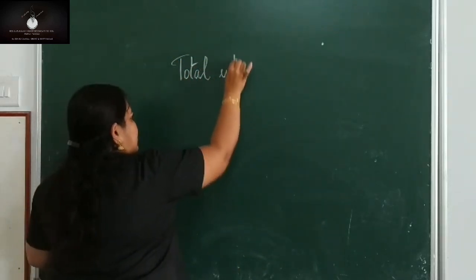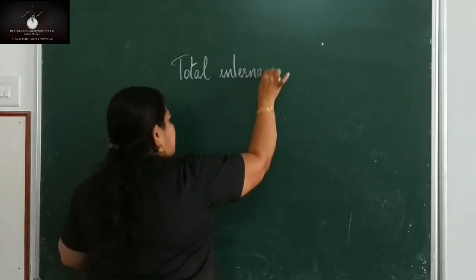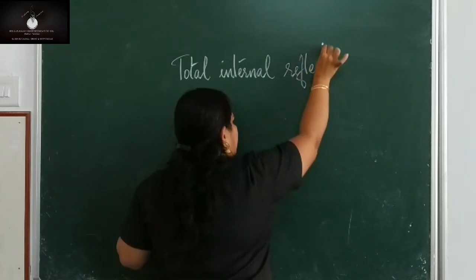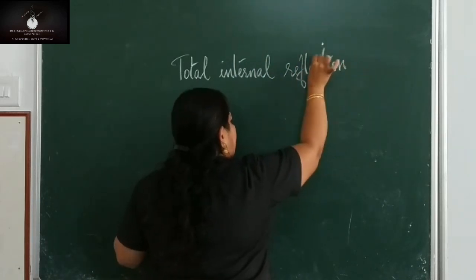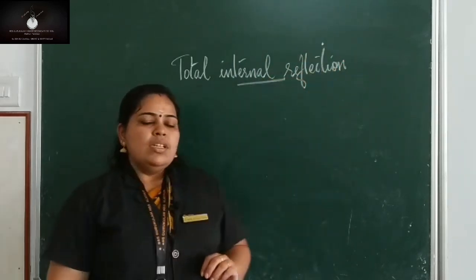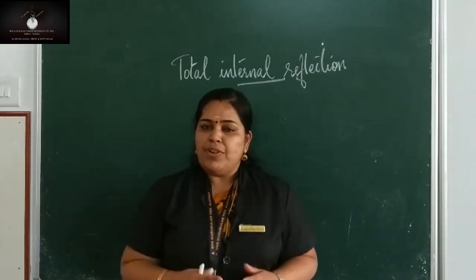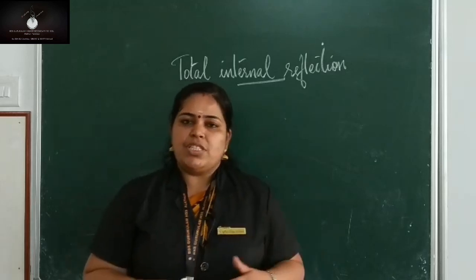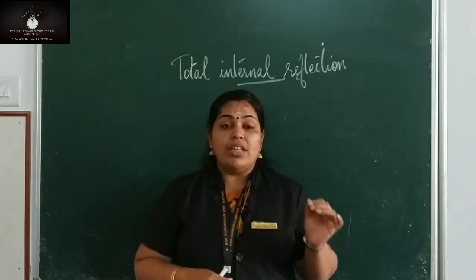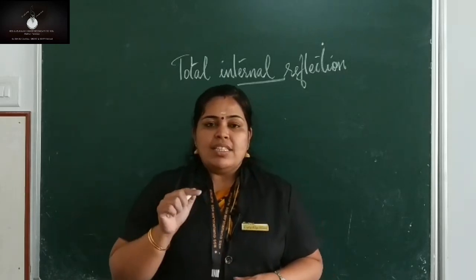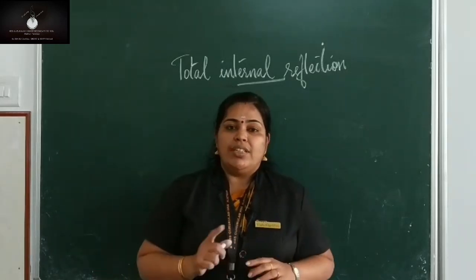Total internal reflection. So, what is total internal reflection? Already reflection we have studied in the previous chapter, isn't it? This is total internal reflection. And see, there is a barcode given in your textbook.